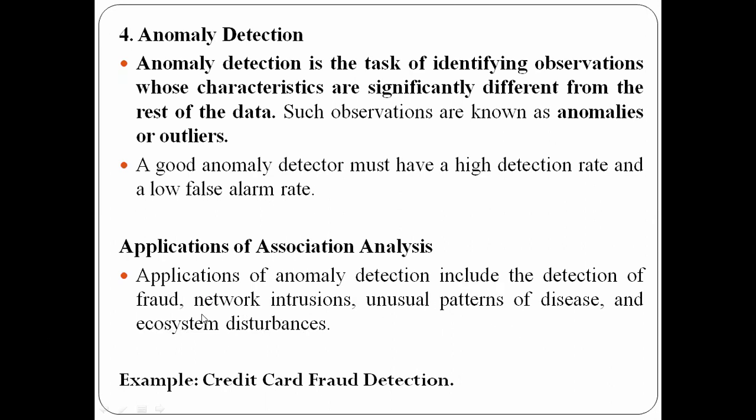Anomaly detection can be used to find frauds in ATMs or credit cards, or to find network intrusion, that is hacking. If there is any new kind of disease, based on the patterns we can find that. Or if there are any disturbances in the ecosystem, even that we can find. Okay, I'll give you one example: credit card fraud detection.